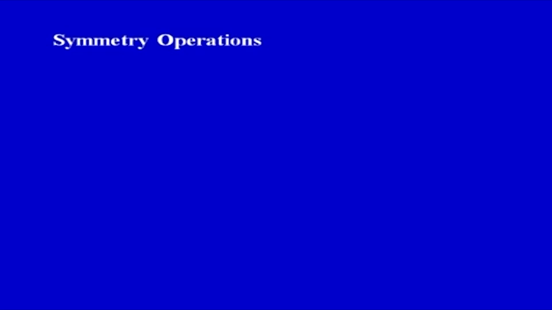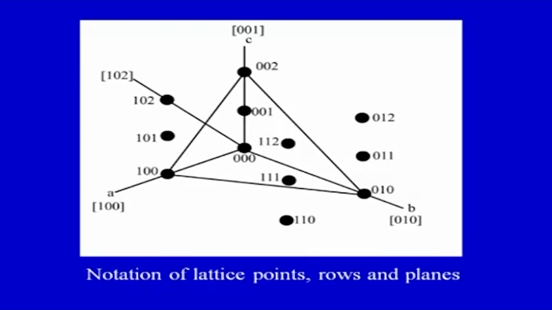There are a lot of symmetry operations, which could be rotation, inversion, reflection, and there are lattice points which could start from a reference point at 0 0 and the axis directions, which we have shown as A, B, C. If you see, there is a 0 0 reference point, and in all directions you can divide the unit cell into different lattice points, and positions will be defined by those points.